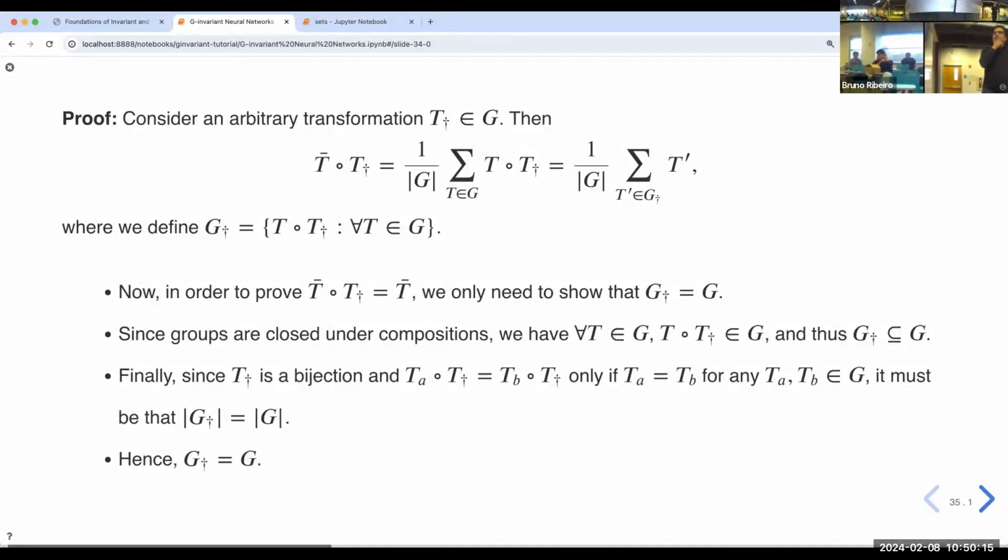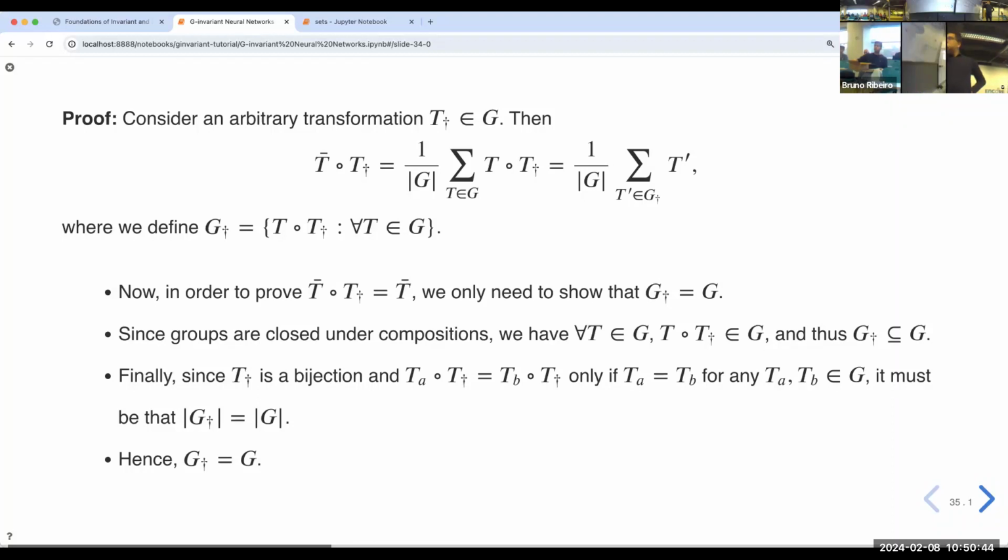Okay, so consider the proof as follows. You can make it a little more complicated and prove for infinite groups, but I want to make it as simple as I can. So consider an arbitrary transformation T dagger from the group, and I'm applying T bar to T dagger. Then let's expand T bar. T bar is like this.